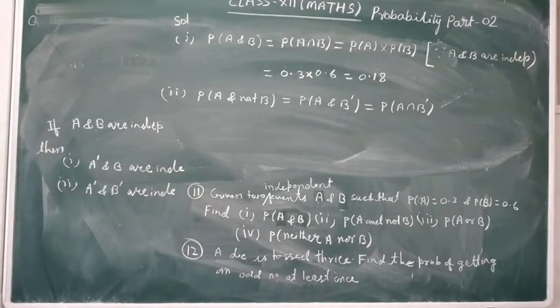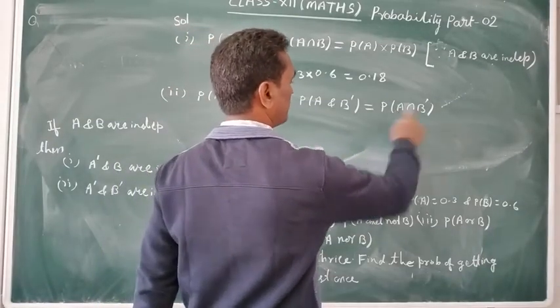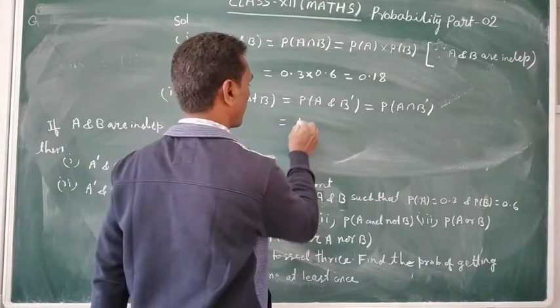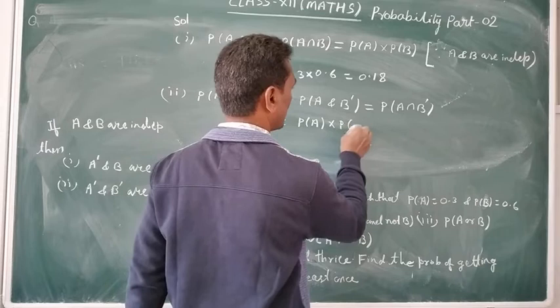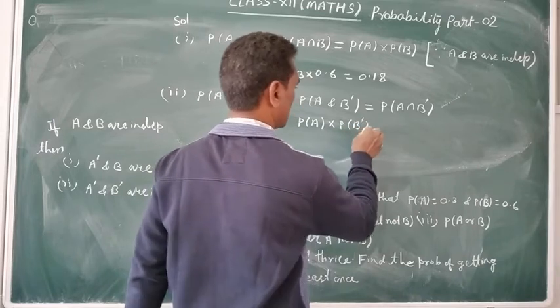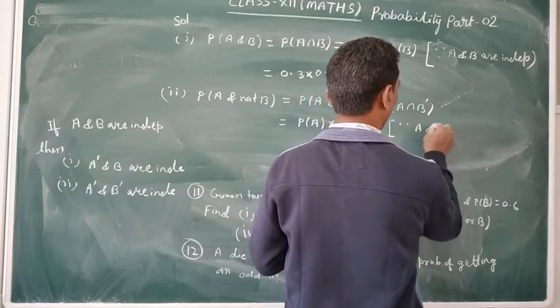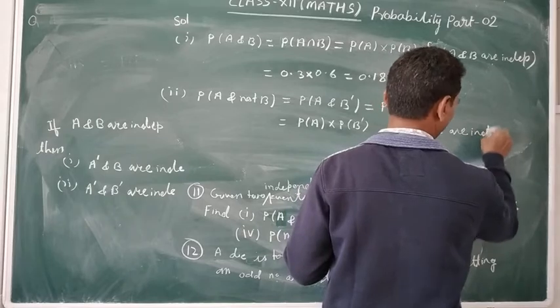So this we will apply here. A and B are independent, then A and B dash will also be independent. So probability of A into probability of B dash. Reason: A and B dash are independent.